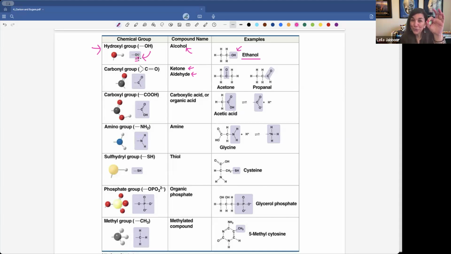This is a hydroxyl group, and the molecule will be called an alcohol. All right. This is a carbonyl group, and the molecule will be called a ketone or an aldehyde. And you see here's propanol. This is an aldehyde. And because it has this CO right here.